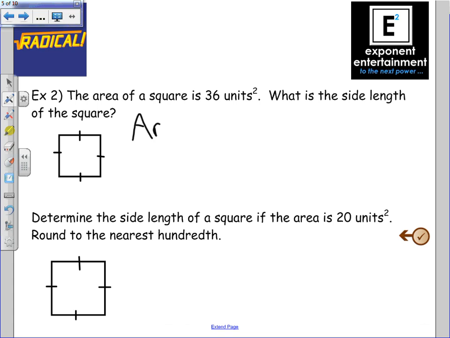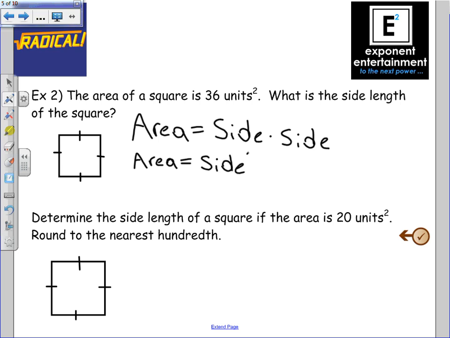So side times side. The area is equal to side squared. So if you wanted to find just one side, you have to take the square root of it, which means you just take the square root of the area.